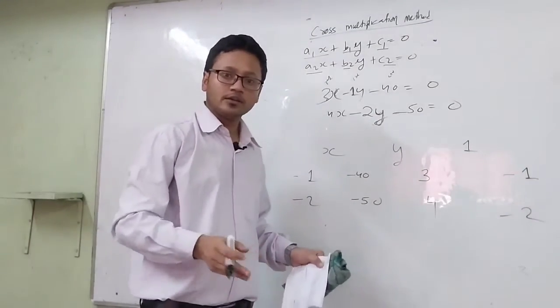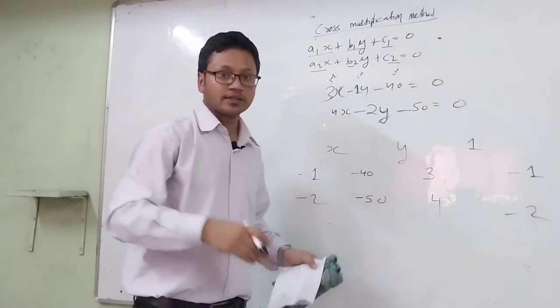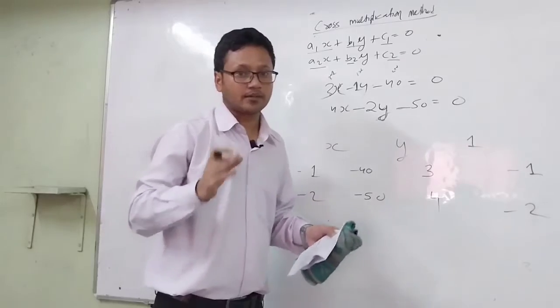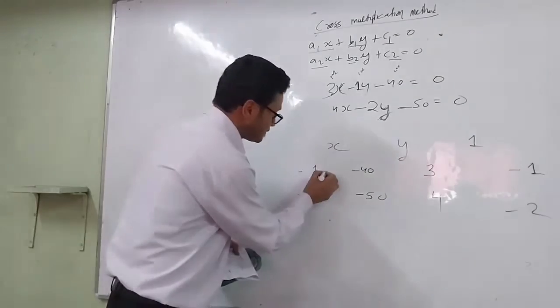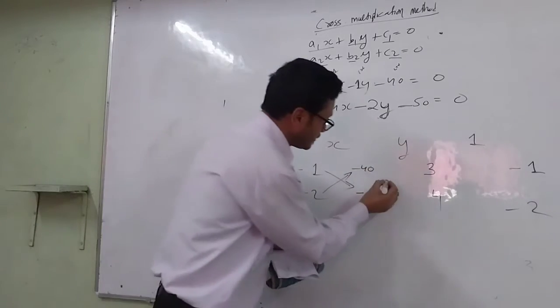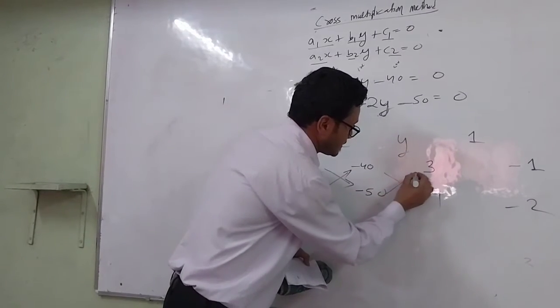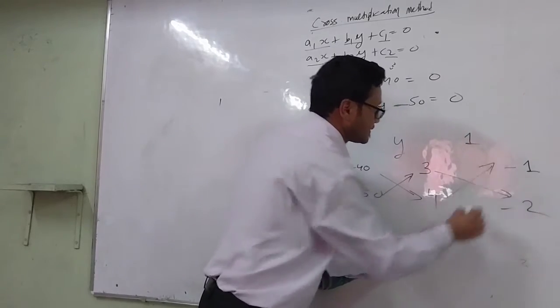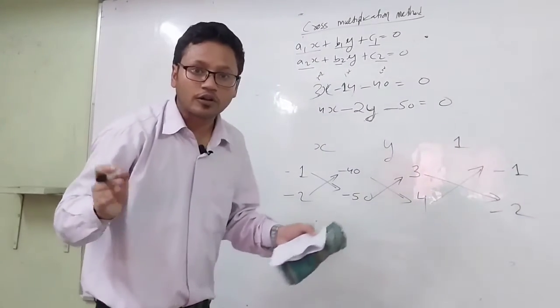When the question is there, we have to arrange like this only, then it will become easier for you to multiply. Now after this, make the arrows like this, then again here also this one, then this one, understood, then again like this, and we have to make the arrows to cross multiply.